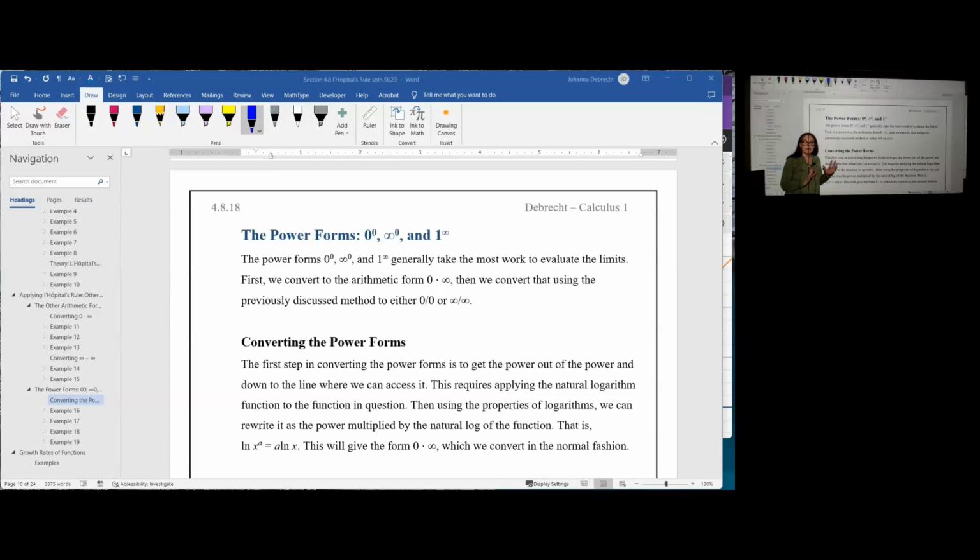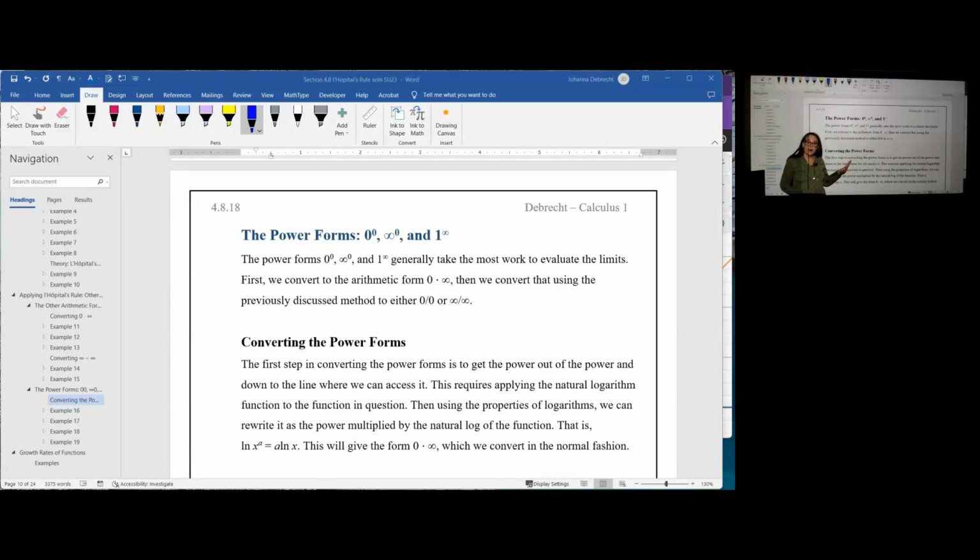In order to convert to 0 over 0 or infinity over infinity from the power forms, we first have to go through the form 0 times infinity. To do that, we're going to have to apply the natural log to our function.